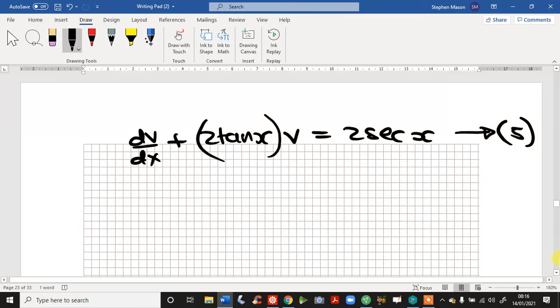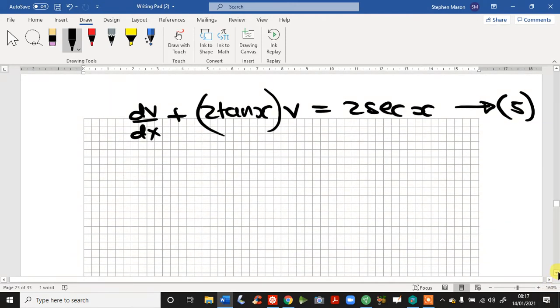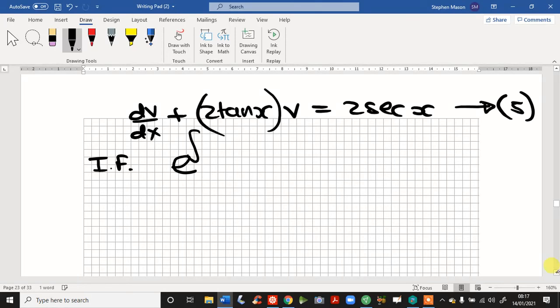Now, for those of you who are familiar with solving linear ordinary differential equations, which is what this equation is now, we have to find an integrating factor. The integrating factor is found by taking the exponential of the integral of 2 tan x dx.